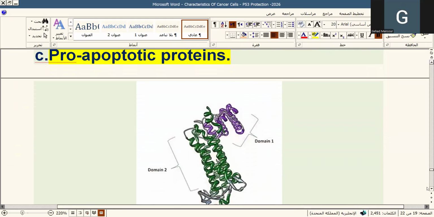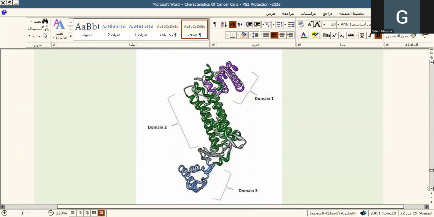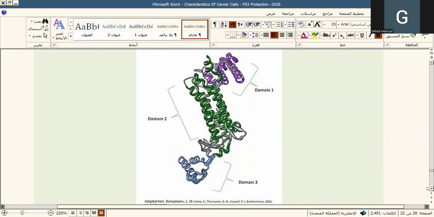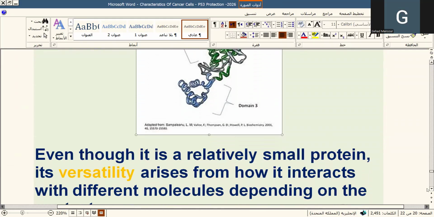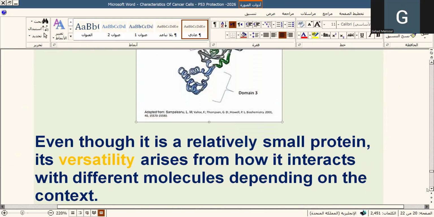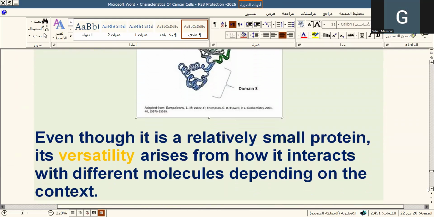Here you can see a protein molecule in the 3D structure, and you can see how a molecule in a 3D structure can have several domains. See this domain, domain 1 that has a complicated structure, domain 2, and domain 3. All these domains, if seen under the electron microscope, can be seen to show specific configurations and specific charges.